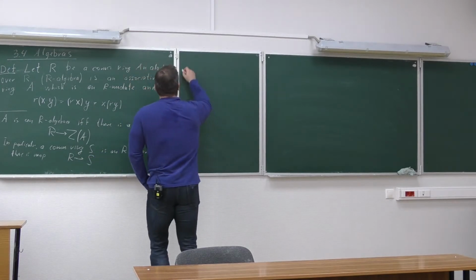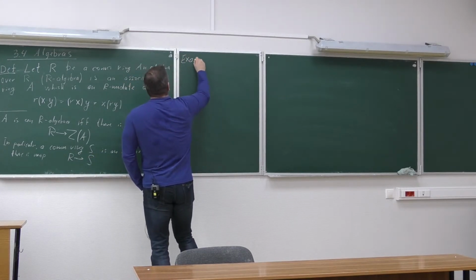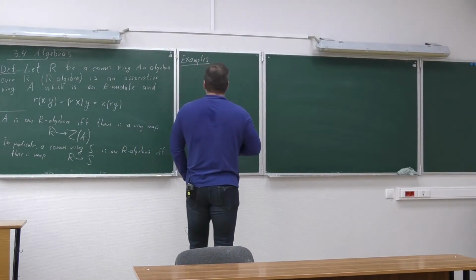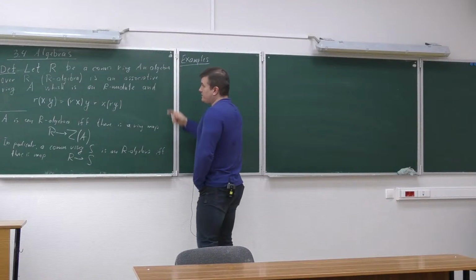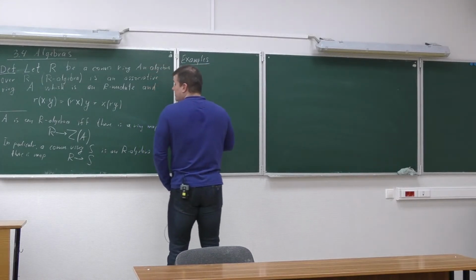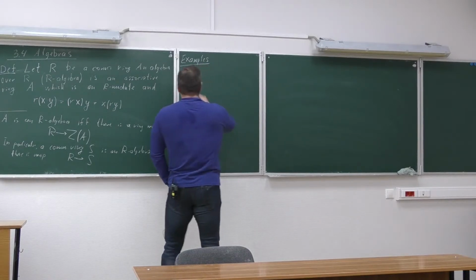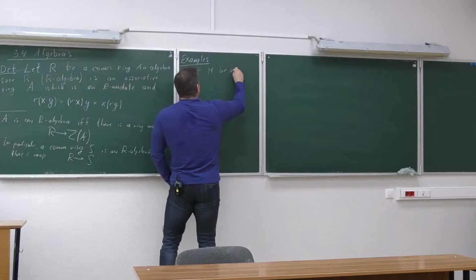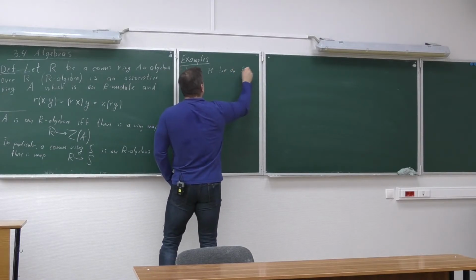So what would be examples? Let me give one commutative and one non-commutative example. In these examples, R is fixed, as in the definition. So the first example: let's start with the general non-commutative situation. Let M be an R module.